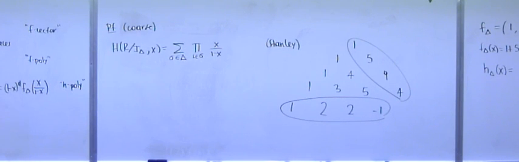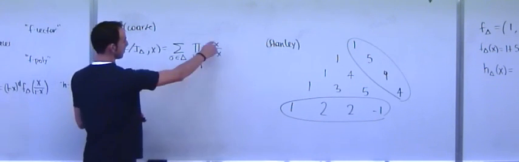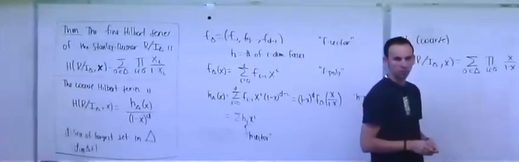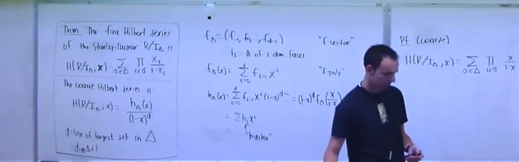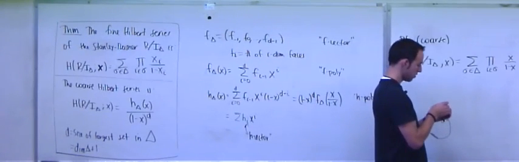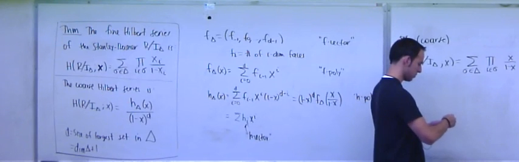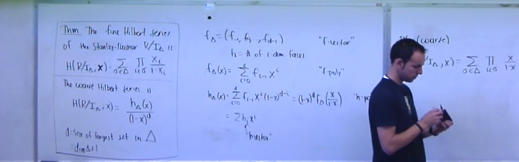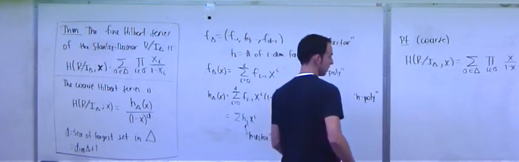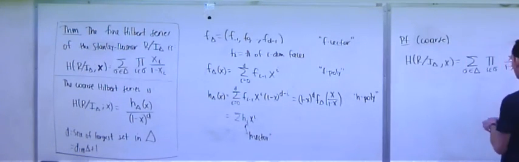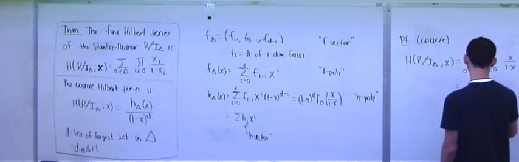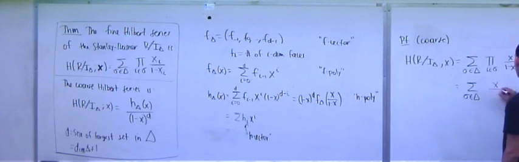Now, the point is that this is actually a lot easier because this product over here, we have the product over all i in sigma of x over 1 minus x, so that's just x over 1 minus x to the size of sigma, right? So let's do that. So this is sum of x over 1 minus x to the number of elements of sigma.